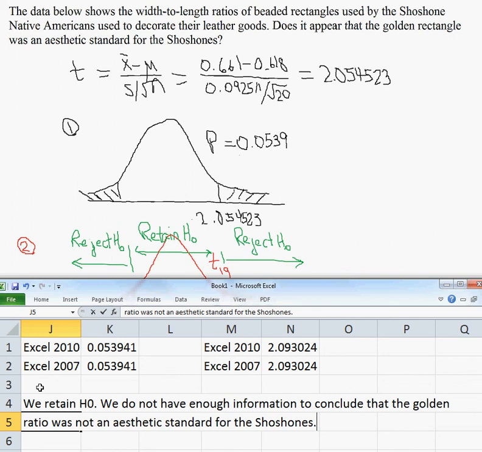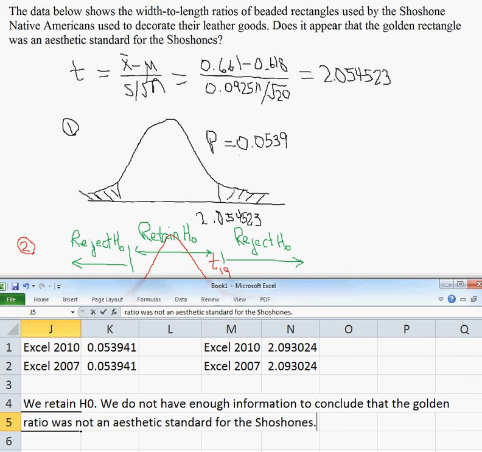It's not written in the more plain English that you'd learn in English class. We have enough information to conclude that it was an aesthetic standard. But by removing the double negative, you get a statement that is far too definitive. And so I don't want to say that, because there's always the possibility that with more information, we may later choose to reject the null hypothesis. Just right now, we cannot reject the null hypothesis.